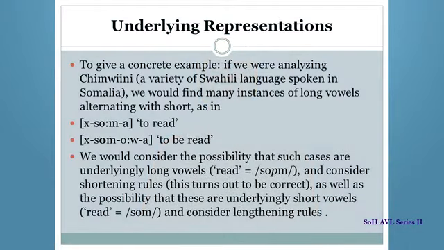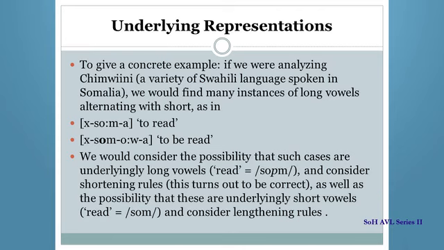To give a concrete example, if we were analyzing Chimwiini, a variety of the Swahili language spoken in Somalia, we'd find many instances of long vowels alternating with short, as in zoosoma, to read, zosomoa, to be read.